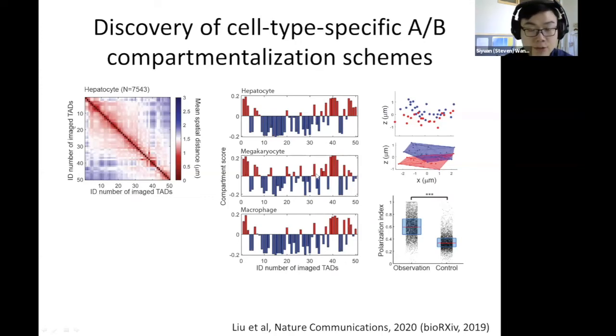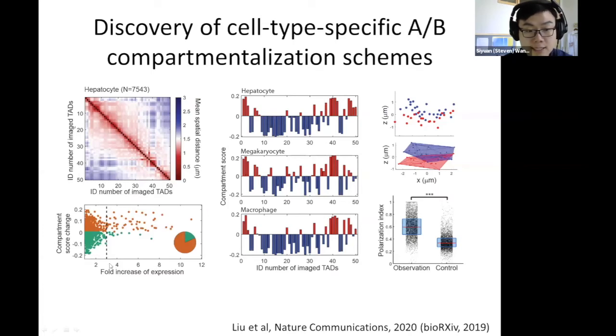And these compartment score changes do reflect the gene expression changes, because if you have a gene that's significantly increasing its expression, it's much more likely the corresponding gene region actually has an increase in compartment score. So it becomes more compartment A-like, or switches from compartment B to compartment A. However, there are also a lot of compartment score changes that are not really associated with local gene expression changes.